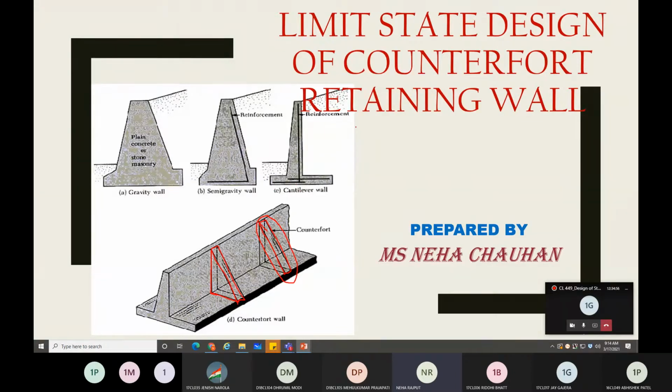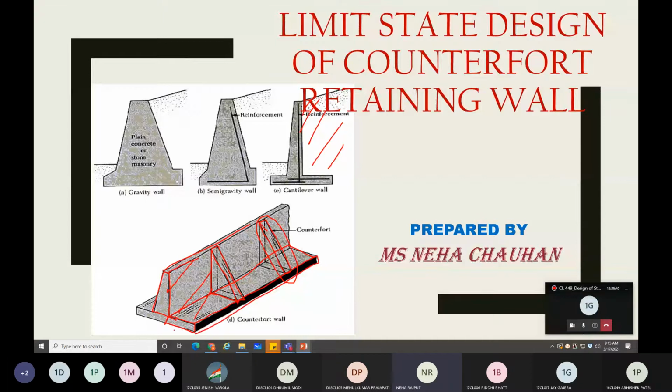At the backfill side, here in the cantilever this is the backfill, and here also this one is the backfill. So on the backfill side, one additional member is provided which is known as the counterfort member. Other than that, both have a stem part. This is your stem part, and this is the length view of the stem. Then this much is the heel part, and this is the length view of the heel, and this is the thickness of the heel.